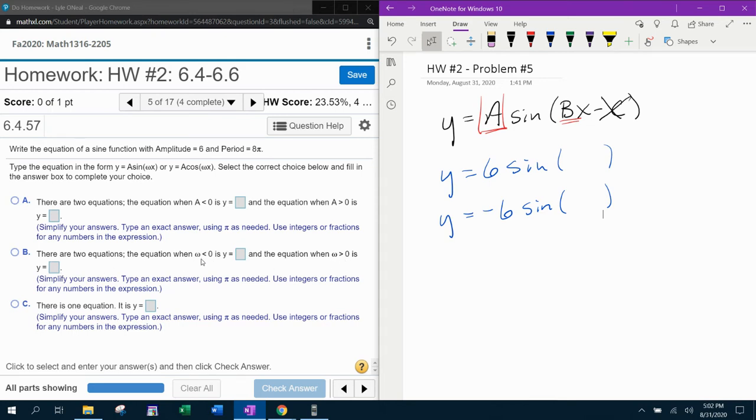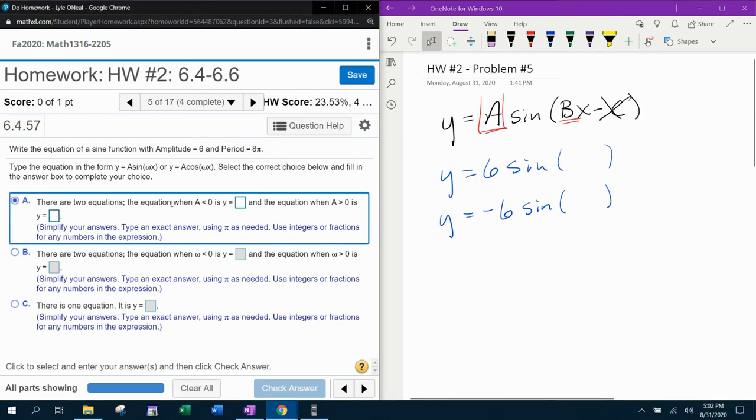Now omega, look here, deals with the period, and it's not the period that's going to be opposite, it's the amplitude. And then part C says there is only one equation, but that's not true from what we just discussed. The amplitude can be either positive or negative, so we're going to choose option A, where the amplitude can be negative or positive.